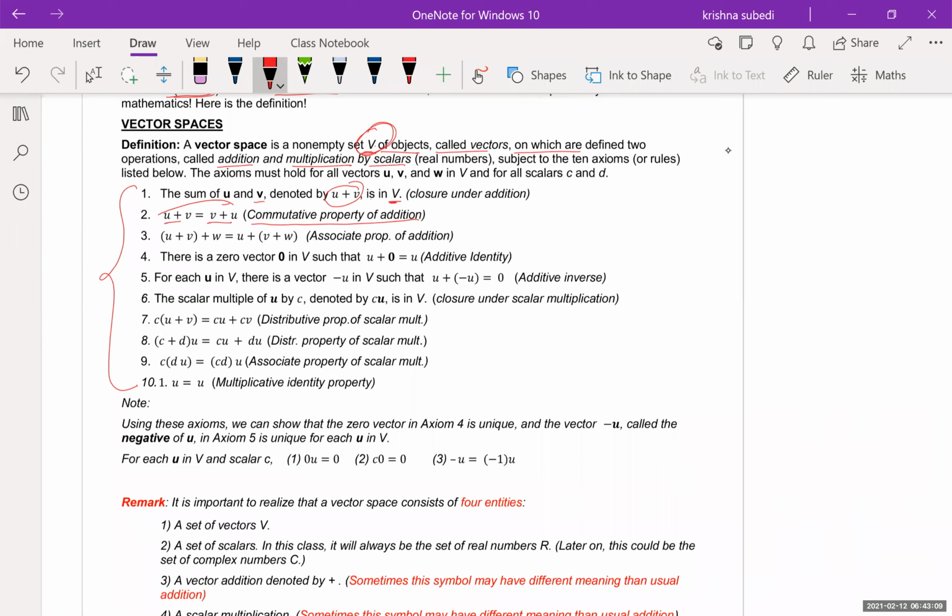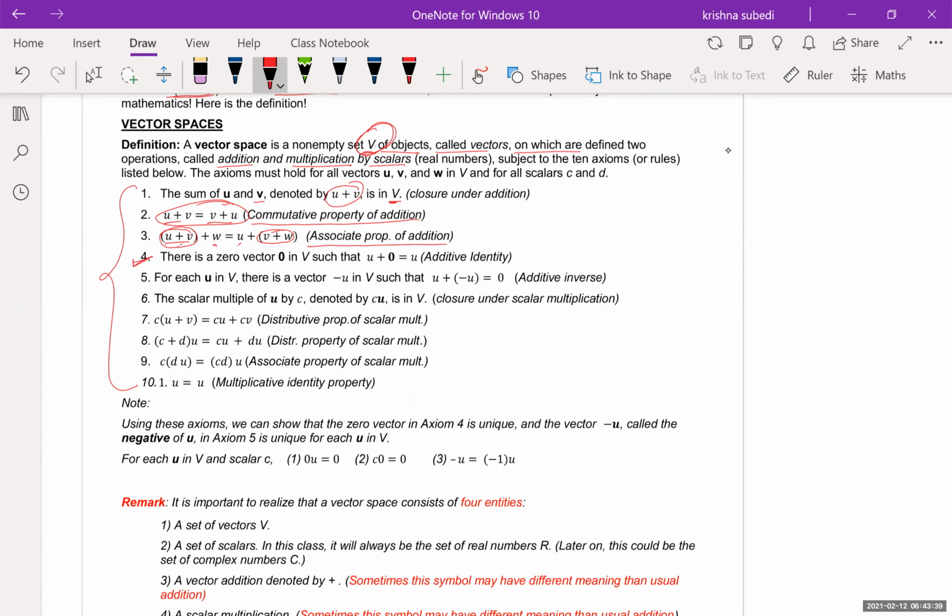You just switch the position and they are still equal. Then u plus v plus w equals u plus v plus w, grouped differently. It is called the associative property of addition. Here we have a group of u and v added to w, or a group of v and w added to u, and they must be equal.